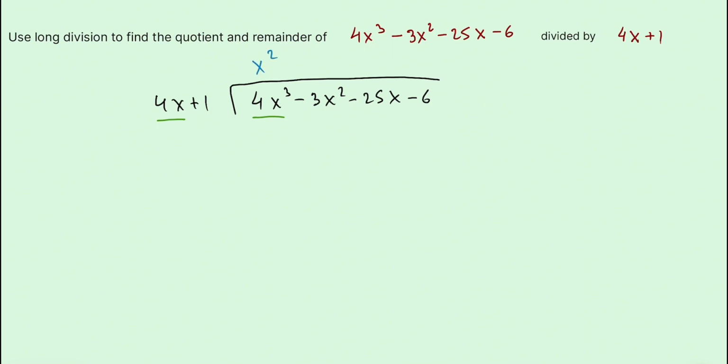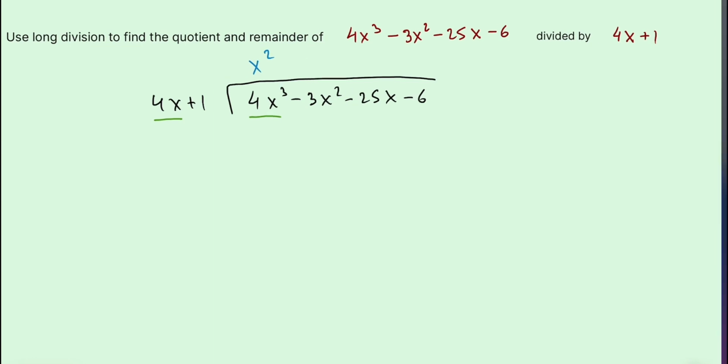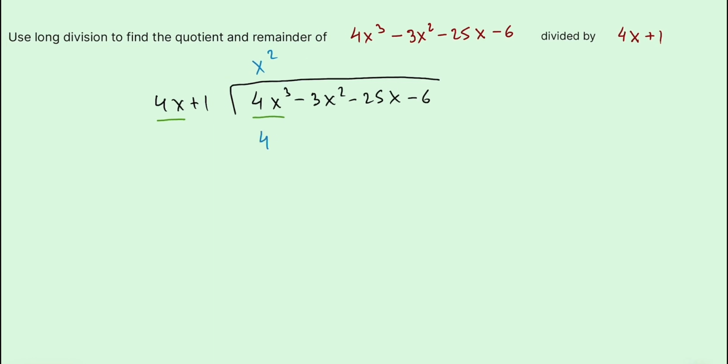We write it at the top, then multiply x squared by each term of the factor. x squared times 4x gives us 4x cubed, and x squared times 1 gives us x squared.